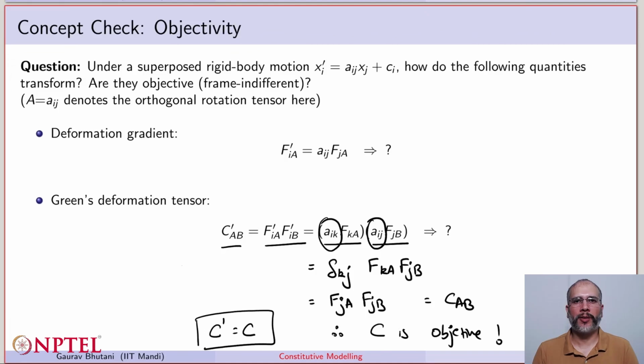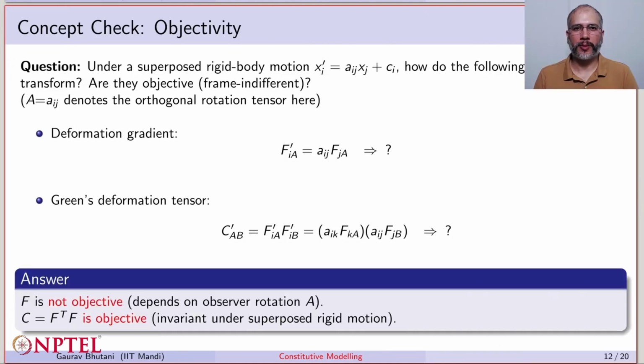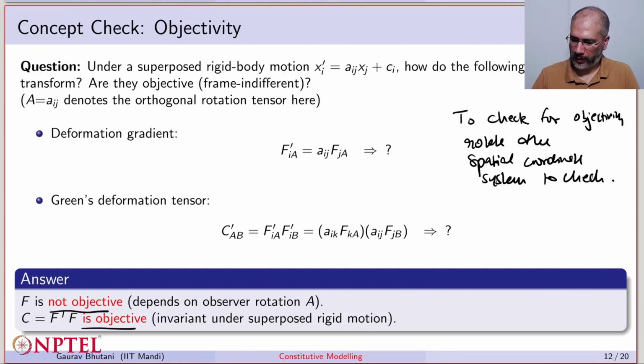So for checking for objectivity, we always rotate our spatial coordinate system. As we just found out, F is not objective and C is objective. I've highlighted that you have to rotate the spatial coordinate system. That is, you write your x' as the orthogonal matrix A times x.